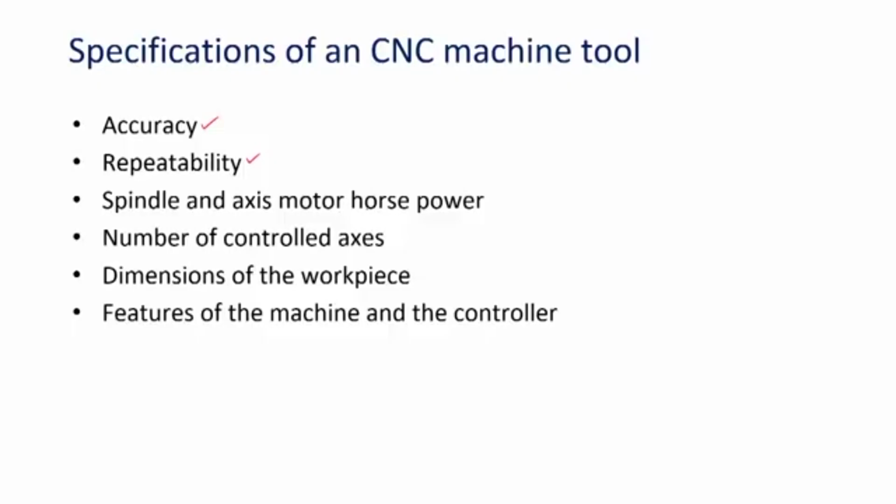So, based upon the simultaneous control of the number of axes, we can specify the machine tool. Dimensions of the workpiece, that is the capability of the machine tool in terms of the dimensions of the work parts it can handle. Moreover, CNC machine tools are also specified based upon various features the machine has.